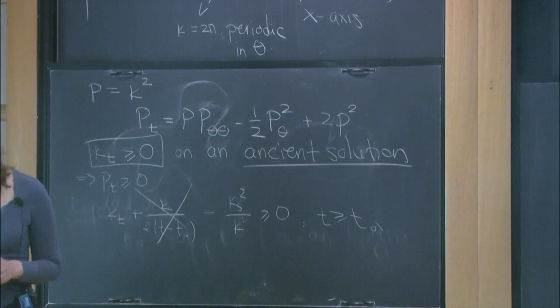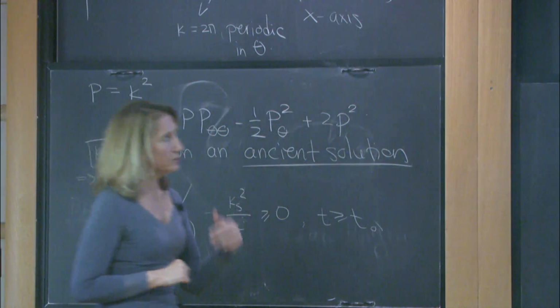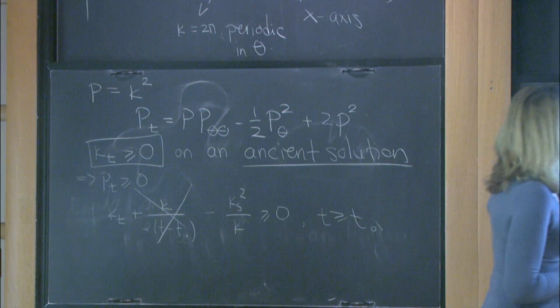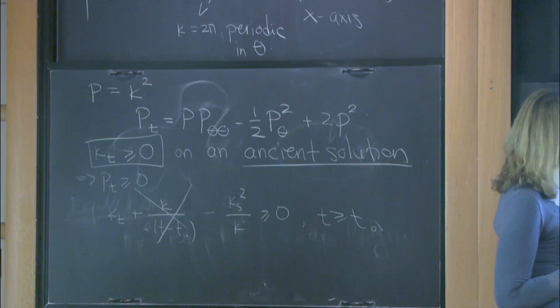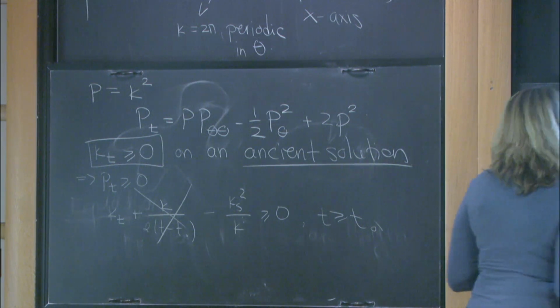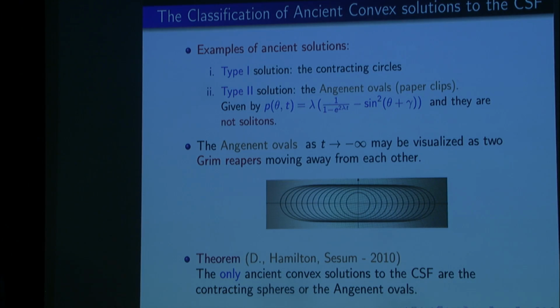All right. So now, before I switch to the board, there are only two examples of ancient convex solutions that we know explicitly. The one we talked about is the circles. If you have circles that contract, they are ancient.